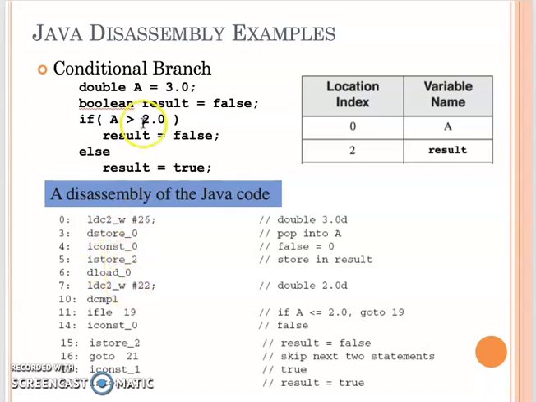Then we need to compare A, so we need to load the 0 value. Then you have 2.0 as a constant number, so they compare to the constant number. You see they do the D compare. If less than, they go somewhere. If this condition is true, you just go to somewhere.